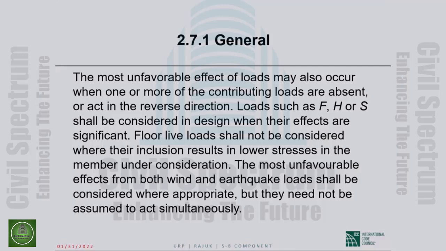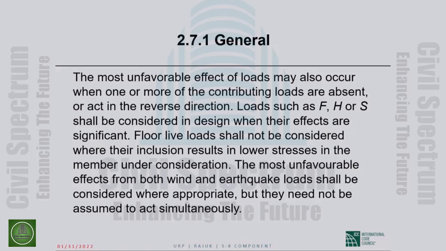The most unfavorable effects from both wind and earthquake loads shall be considered where appropriate. Okay, so if you're in a place that is subject to both earthquakes and obviously every place there is wind, but where there is an earthquake hazard, you shall essentially consider both, but not both at the same time.